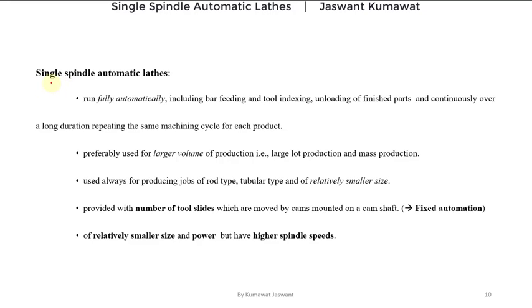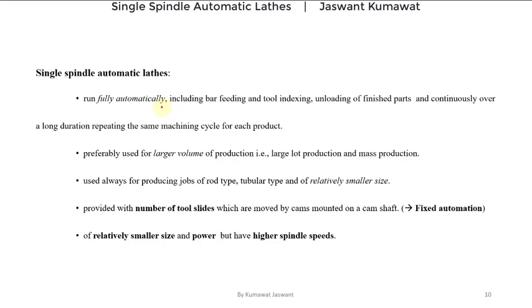Since we are concerned with mass production, generally we use bar type single spindle automatic lathes. As we have seen, single spindle automatic lathes have one spindle and run fully automatically. That means the bar feeding, tool indexing, and unloading of finished part are performed automatically with no intervention of human. And these processes can be done continuously over a long duration, repeating the same machining cycle for each product.